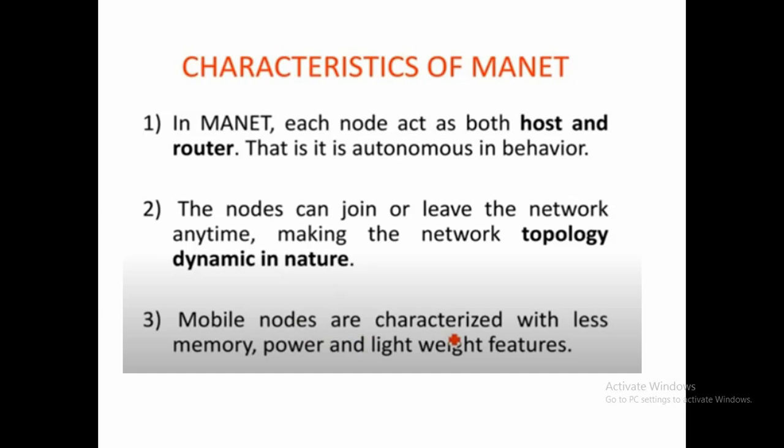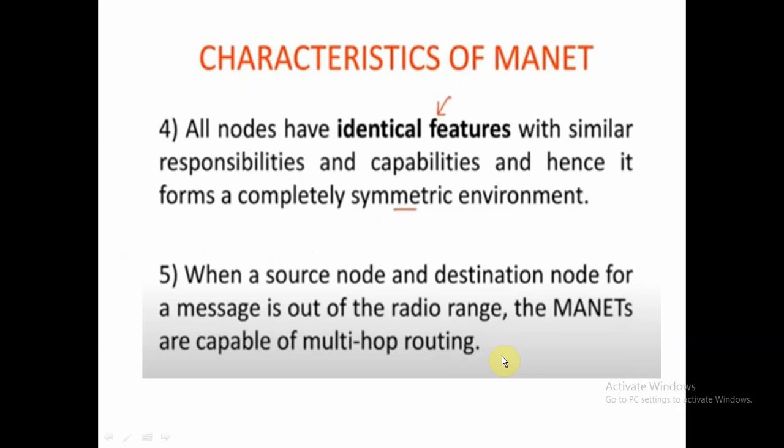The third thing is mobility, and nodes are characterized by less memory, power, and lightweight features. They can be phones, radios, as I said already.